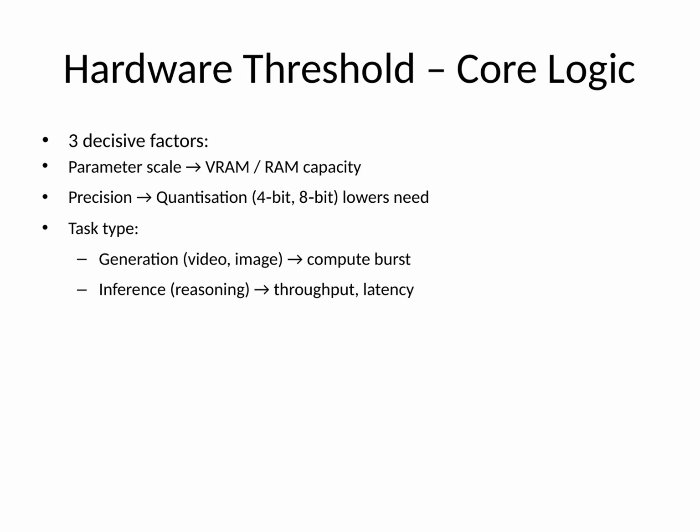Choosing hardware for local deployment follows a core logic based on three decisive factors. The first is parameter scale. Larger models generally require more VRAM or system RAM just to load and run. The second factor is precision.